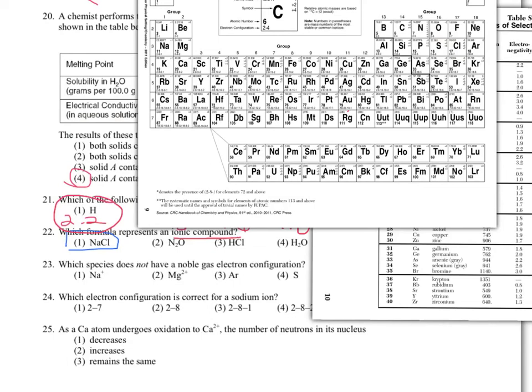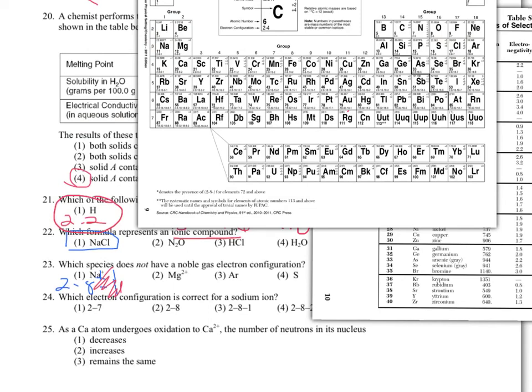Last of all, we are asked which of these species does not have a noble gas electron configuration. Sodium ion, plus 1 charge. Sodium atom usually has the electron configuration of 2,8,1. But when we have the positive 1 from the ion, taking this into account, the 1's cancel out, so it has a 2,8. 2,8 is the electron configuration of neon.